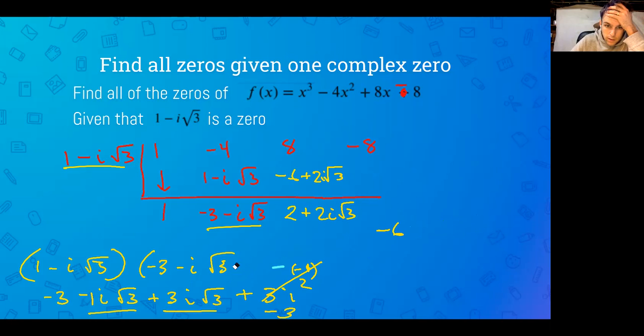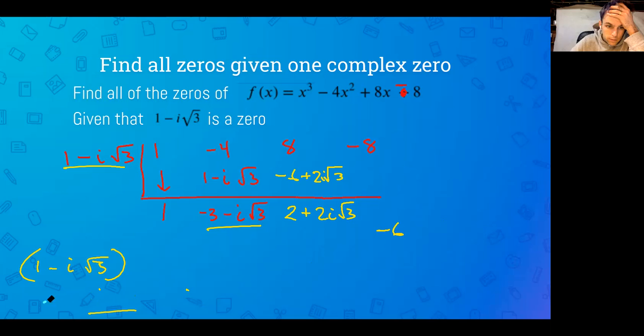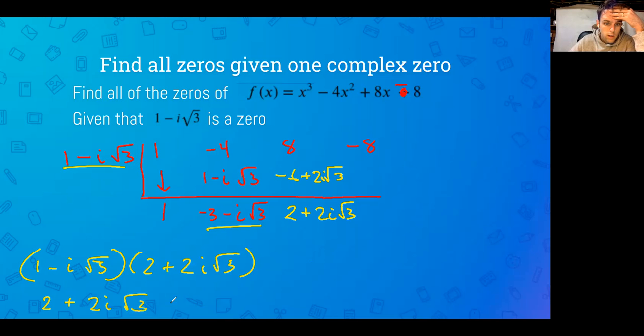Okay, I need some space here to multiply things out again. So now we're multiplying this times this. One times 2 is 2. 1 times that is plus 2i root 3 minus 2i root 3. And then here we have negative 2 root 3 times root 3 is 3.